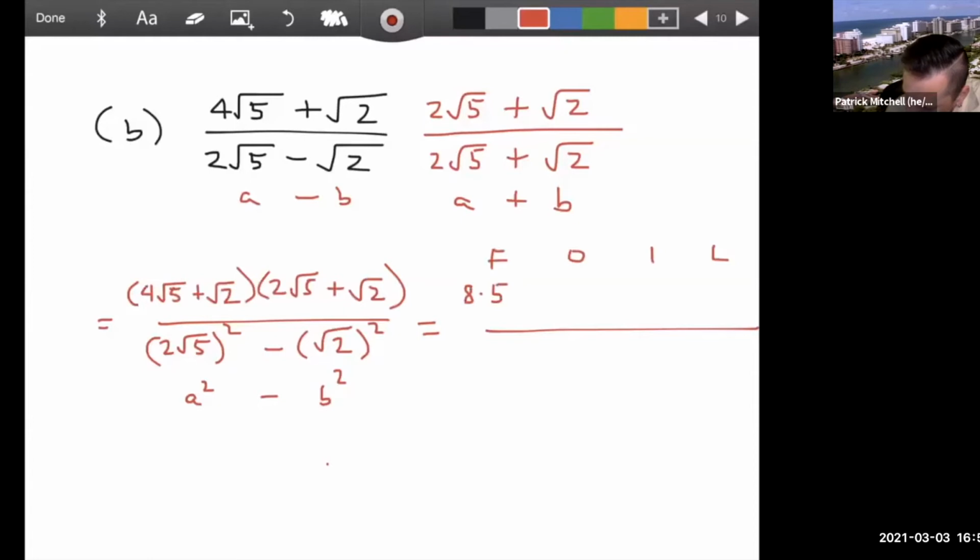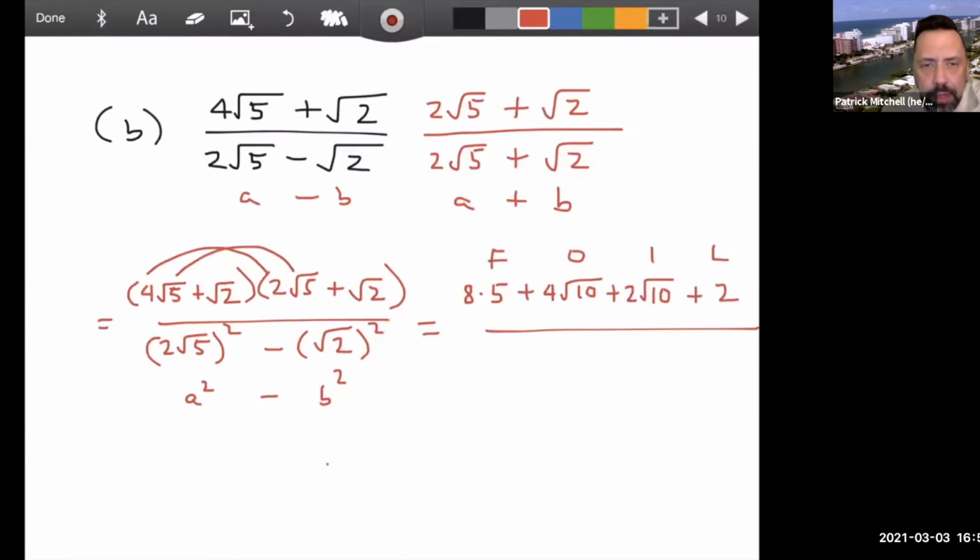Think about that for a second. 4 times 2 is 8, and root 5 times root 5 is just 5. The outer would be 4 root 5 times root 2, which would be 4 root 10. The inner would be root 2 times 2 root 5, which would be 2 root 10. And then last would be root 2 times root 2, which is just 2.